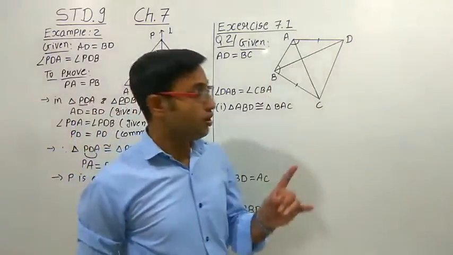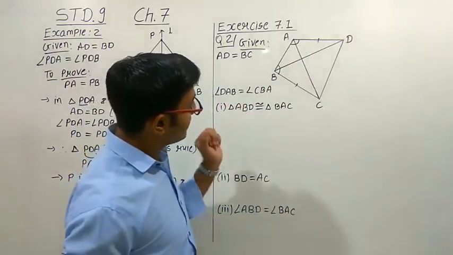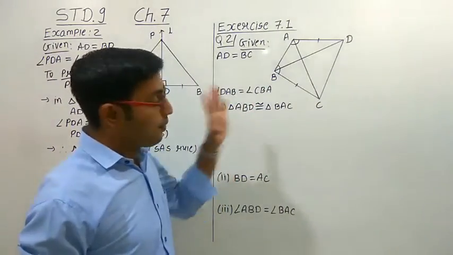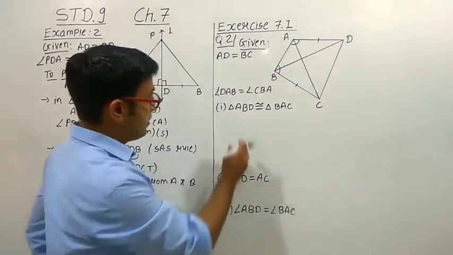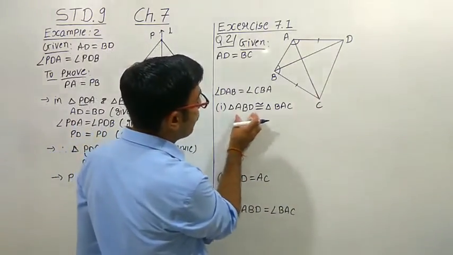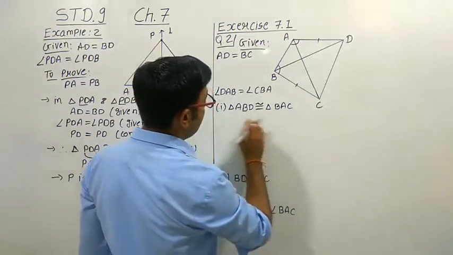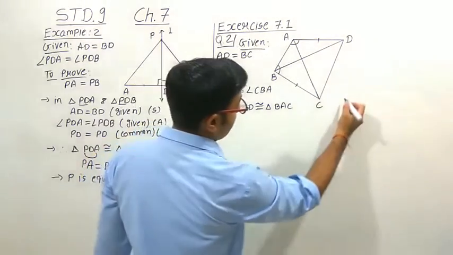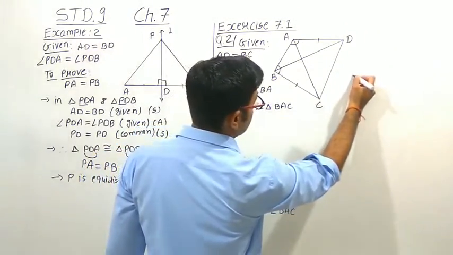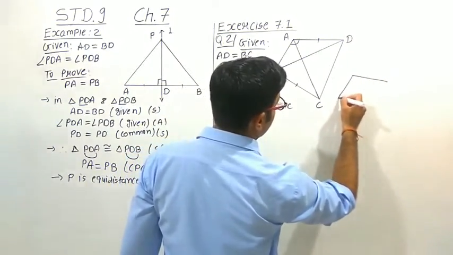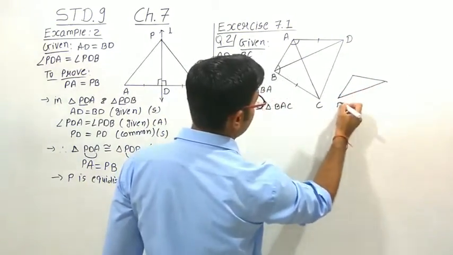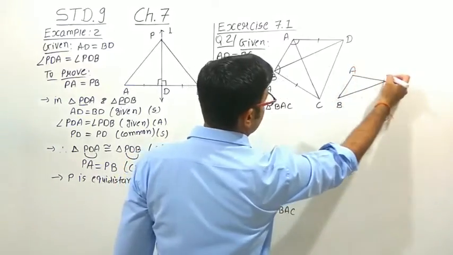If you cannot understand this diagram, you can separate out the triangles given here. See, if we separate triangle ABD, you only have to draw the triangle ABD here. The triangle ABD is like this, and this is triangle BAD.